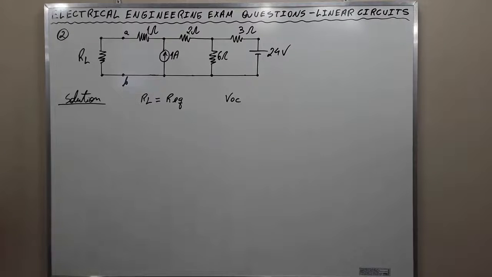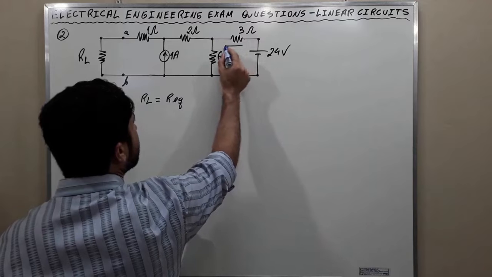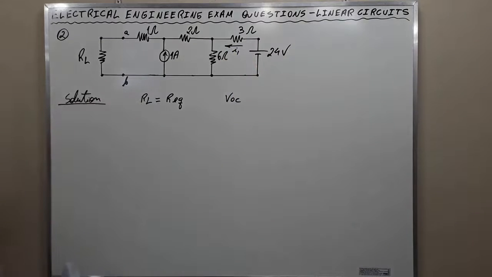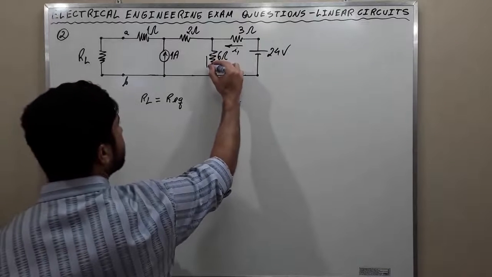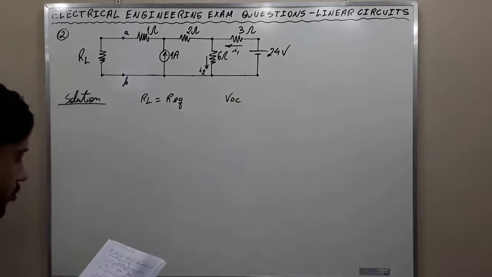Okay? And we are going to use the following currents and voltages. We're going to call this current I1. This is going to be I2.